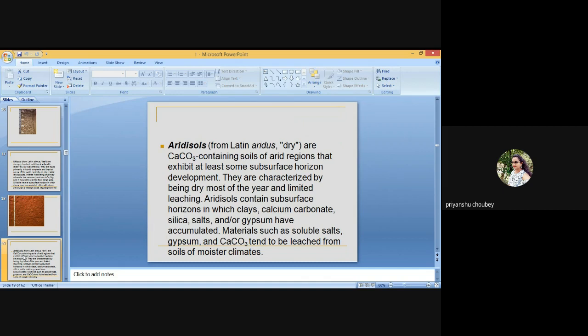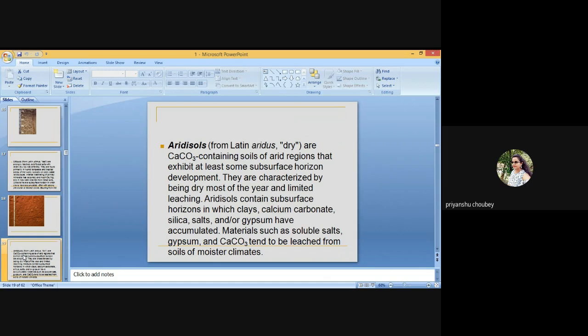So, aridisol from the Latin aridus means dry. These are soils of arid regions that have some subsurface horizon development. They are characterized by being dry most of the year and having limited leaching.